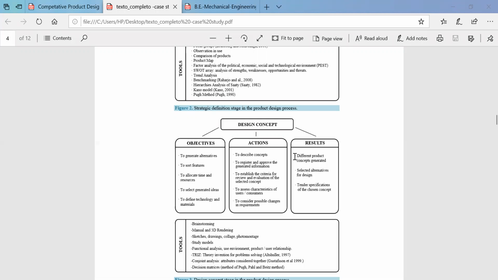Okay, so first you will see the product concept generated, then selected alternatives for design will be compared with it, and once this has been competitive enough with the alternative designs, tender specifications will be called for to choose the concept which has been selected.